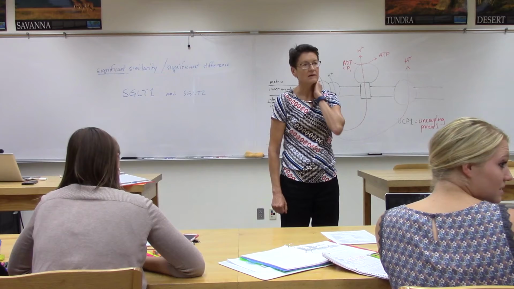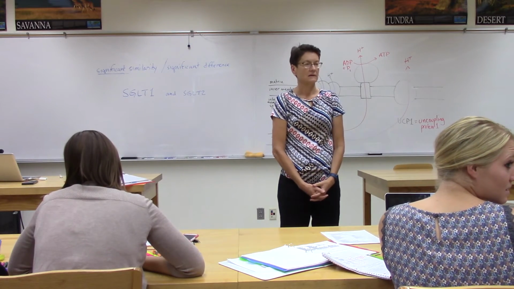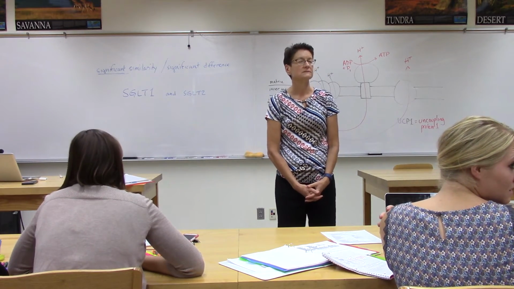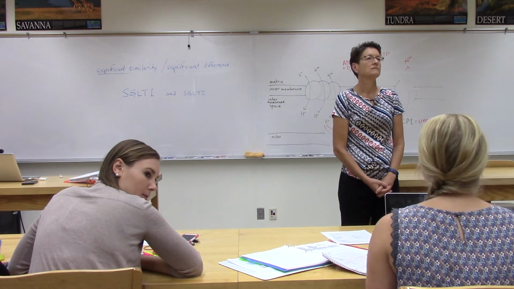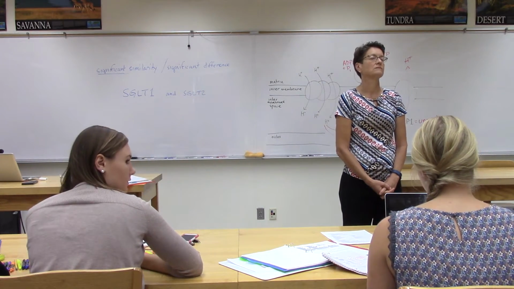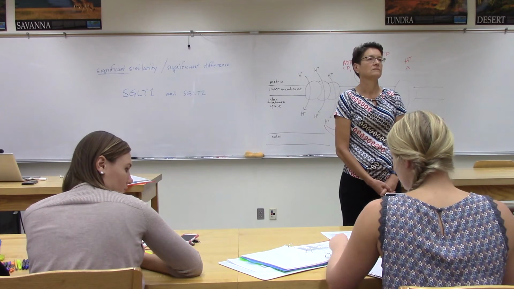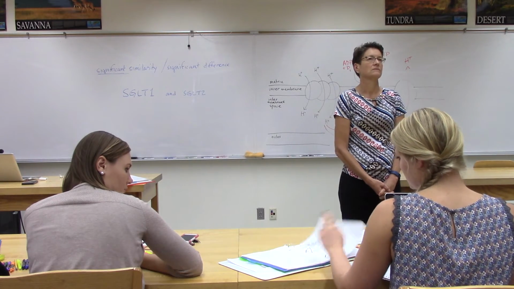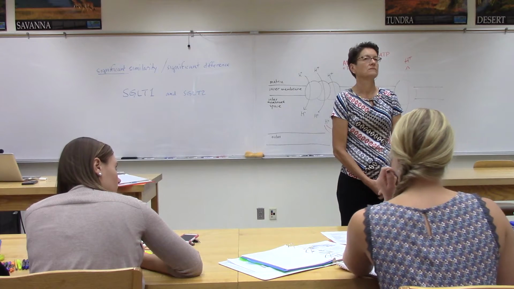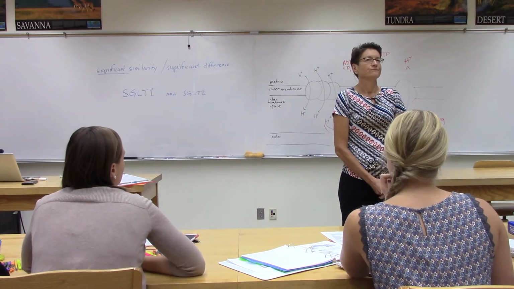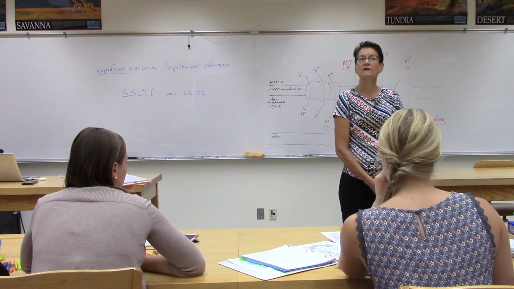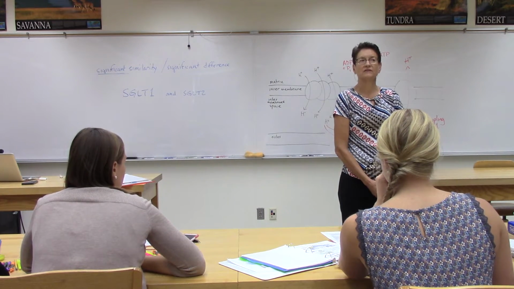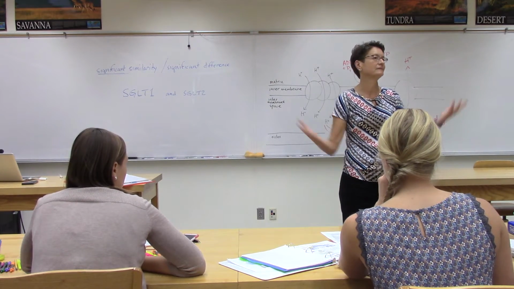I just wanted to go back to the significant similarity and significant difference. For significant similarity, if you said they were both located in the nephron, that's still not significant because you have SGLT and GLUT2.